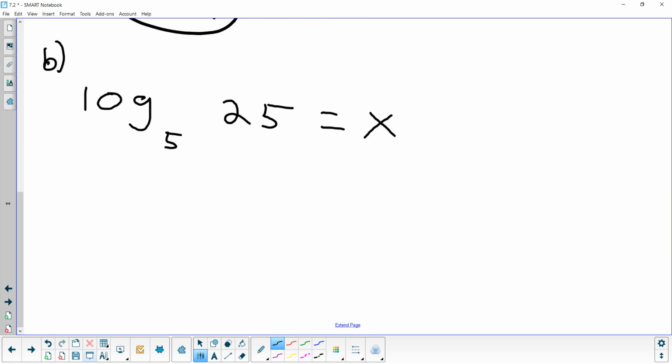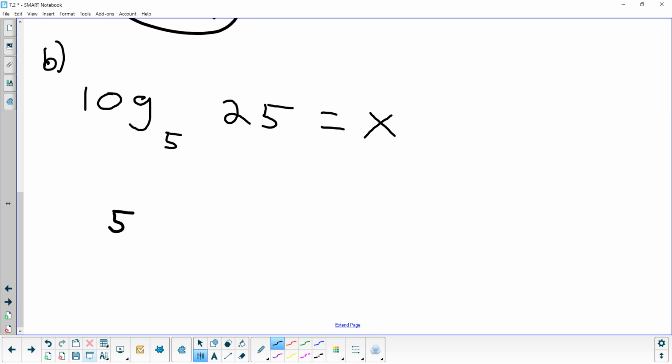Okay, let's try this one. It's an equation in log form. The only thing we know how to do is change it to exponential. So let's give that a shot and see what happens. Again, what's the 5 here? Base. That's my base.